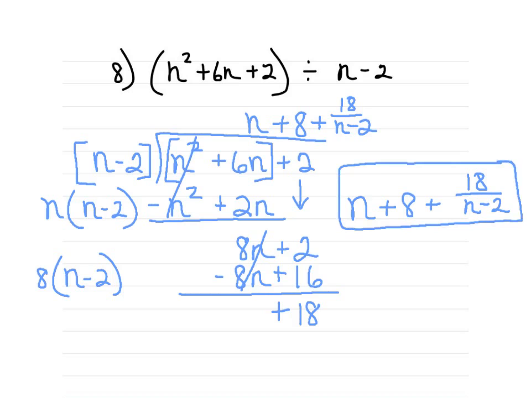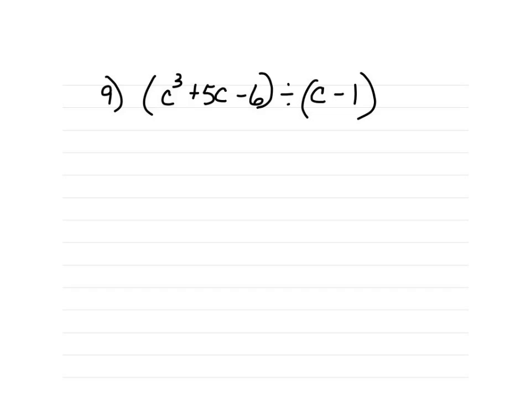Okay. Here we go. Number 9 is the last one we'll do together. Please notice on number 9 that my exponents go from exponent 3 to exponent 1. I'm missing a squared term. So here's what I need to do.